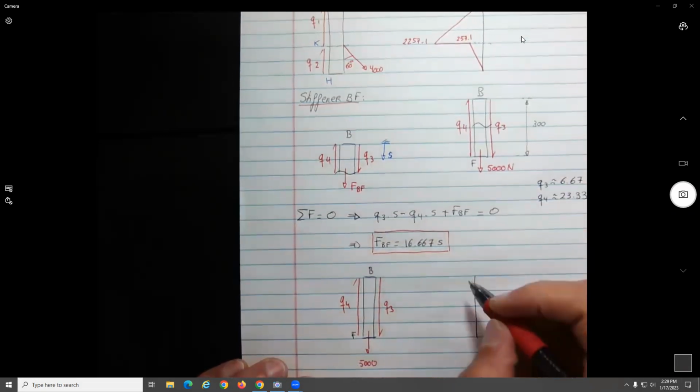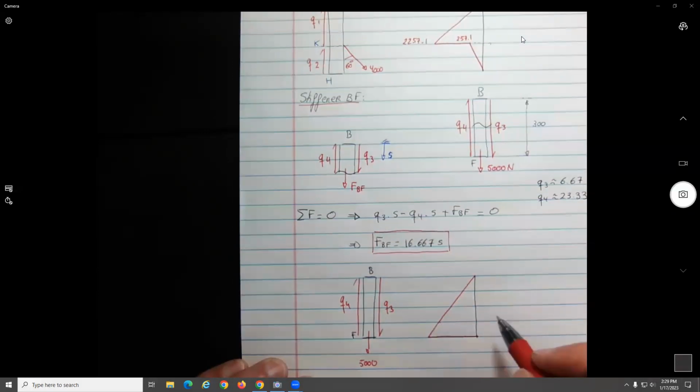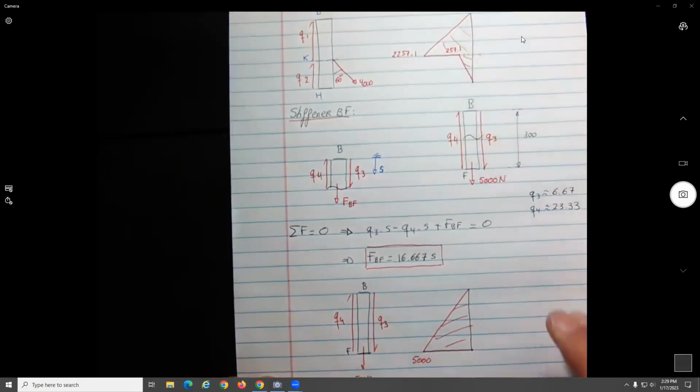What you will find is that it goes from 0 to 5,000 over here. Okay, you don't have to do this, but if you want, you can do it. Same thing over here. If you want, you can do this to show it, but you don't have to.